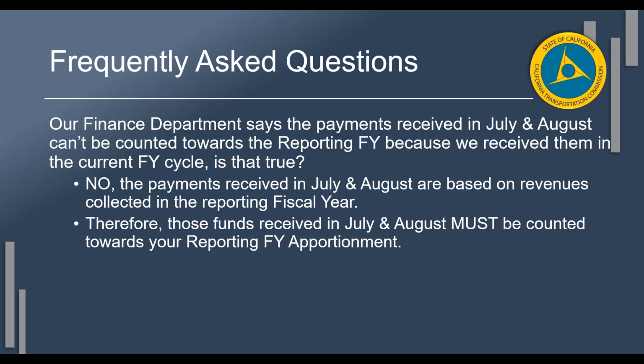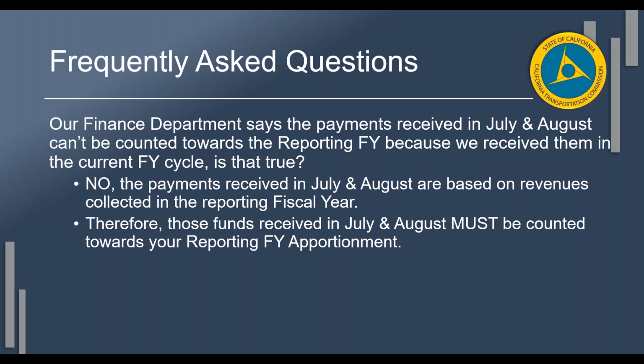Our finance department says the payments received in July and August can't be counted towards the reporting fiscal year because we received them in the current fiscal year cycle. Is that true? I don't have to go into too much detail, but again, no. Send them to us, send them to the state controller's office if they don't believe you with this answer and you show them this slide and they still say that's inaccurate. Don't worry.